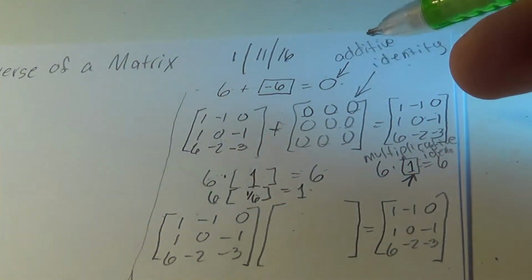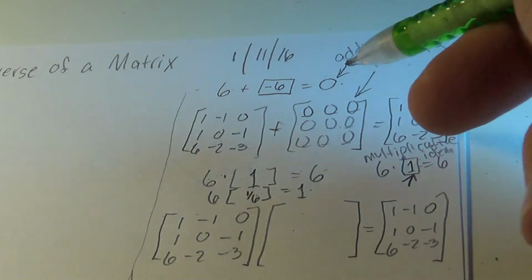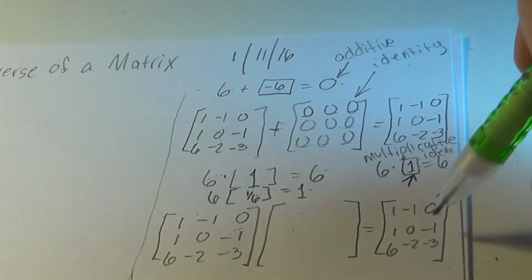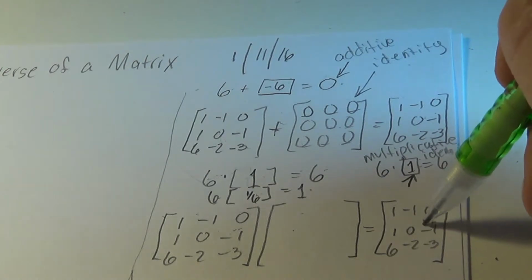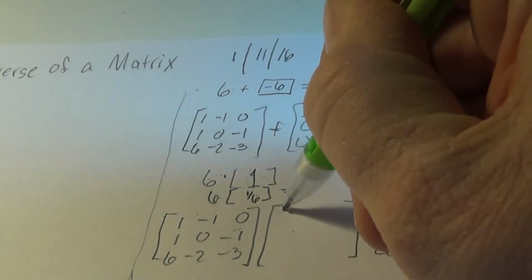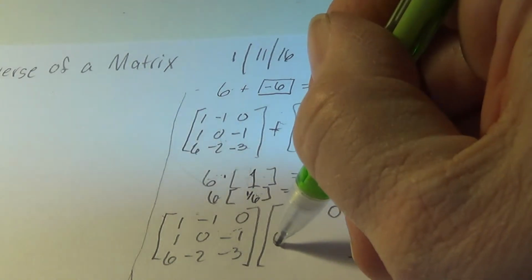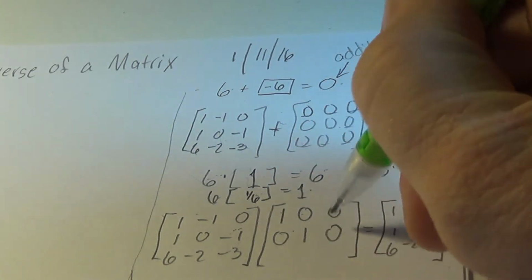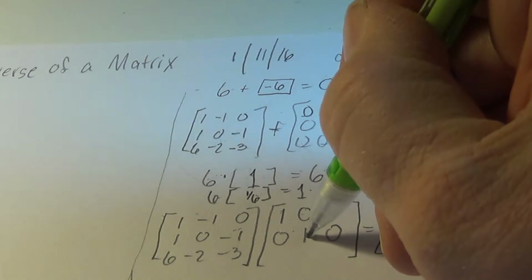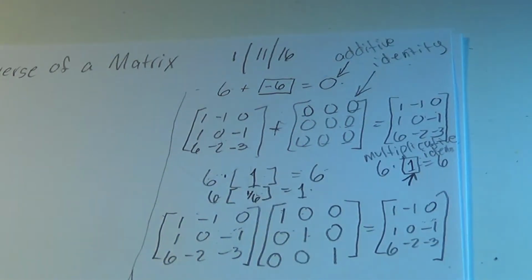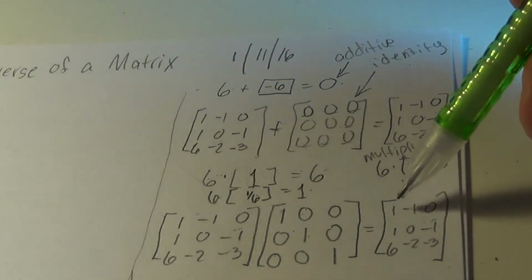It has been noticed that the matrix that, times this one, will give me the identical matrix is this: it starts with a 1 in the first position. On the second row, there's a 1 in the second position. And in the third row, there's a 1 in the third position.